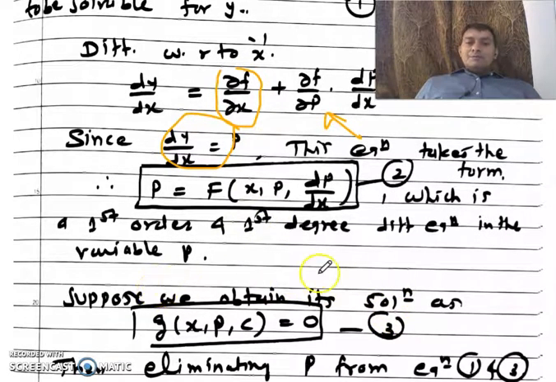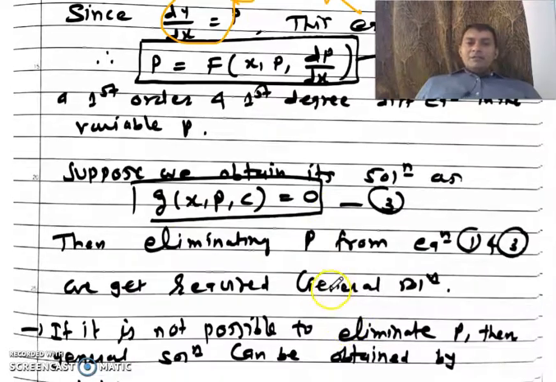Now suppose we obtain its solution as g of x, p and c is equal to 0. Now what we have to do is eliminate p from equation 1 and 3.